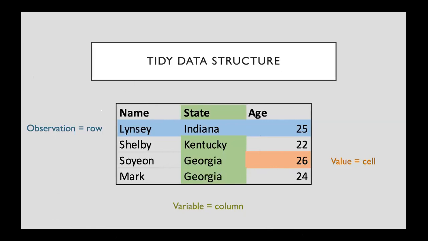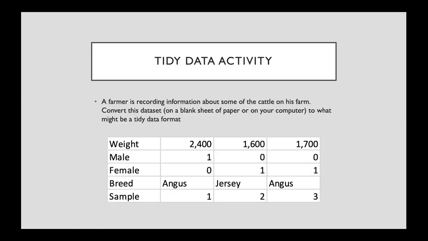So to start off our lesson today, I have a little tiny activity data set, and it's about a farmer that's recording information about some of the cattle on his farm. This data is actually not in the tidy data format. You might have noticed, you might not have noticed, but I'm going to give you all about 5 minutes.